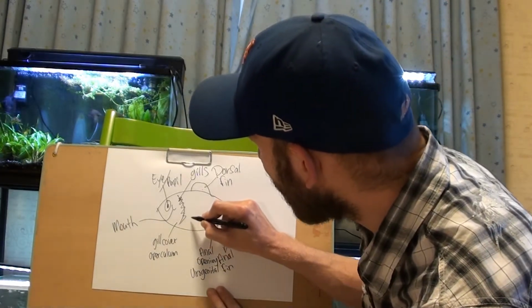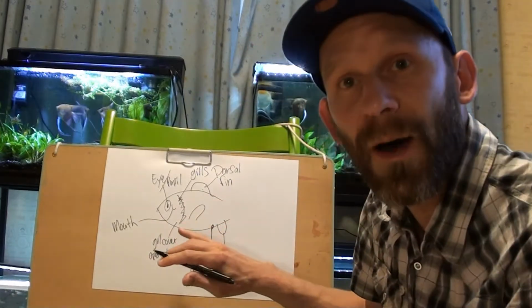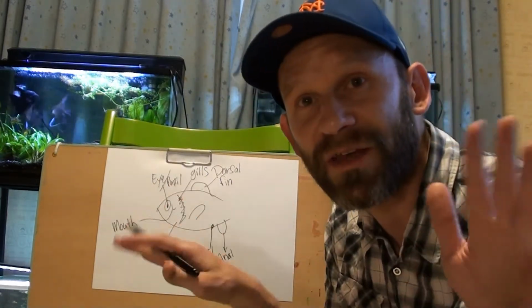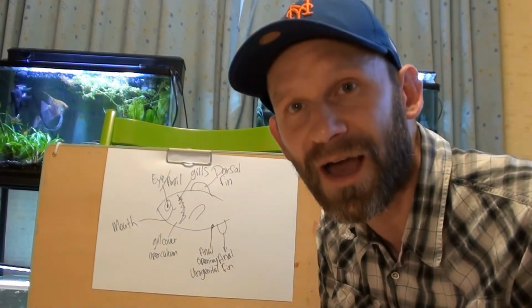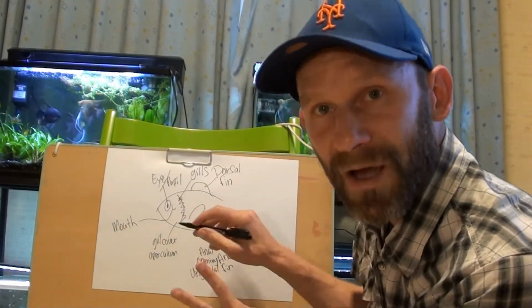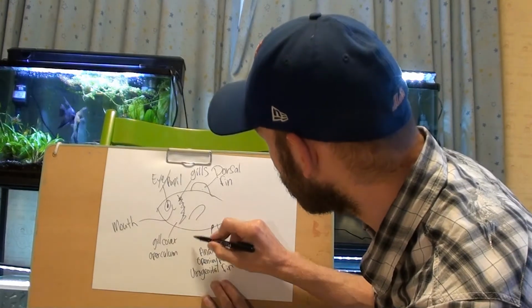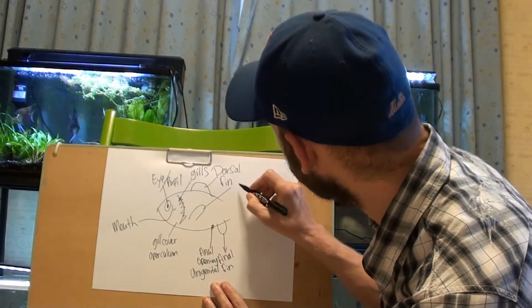Okay, so then we have the pectoral. Pectoral is like its little arms. This helps maneuver left and right and up and down. The little pectoral fins.